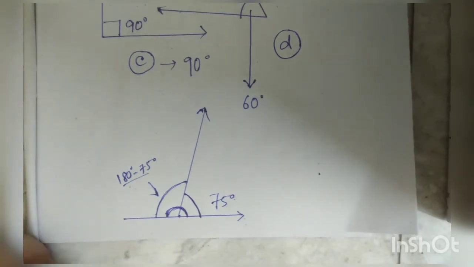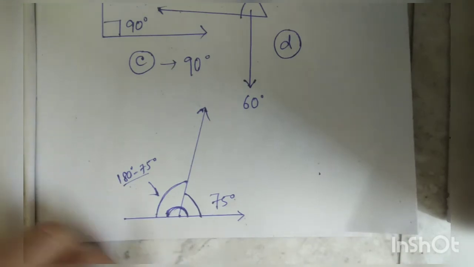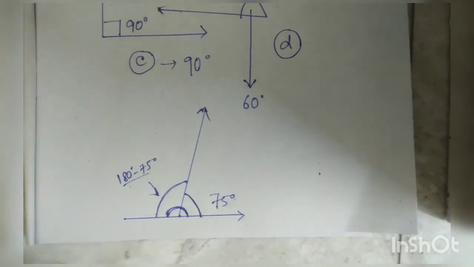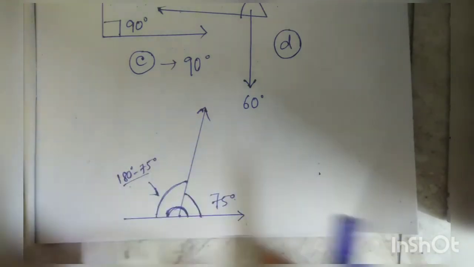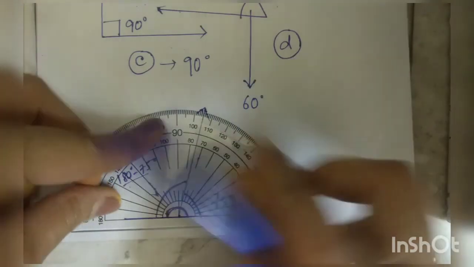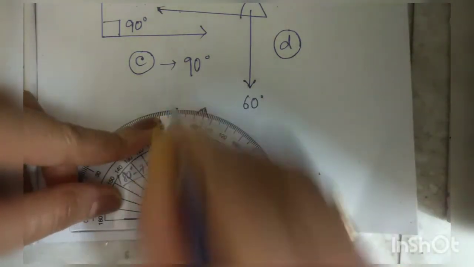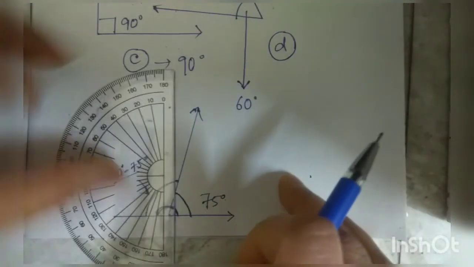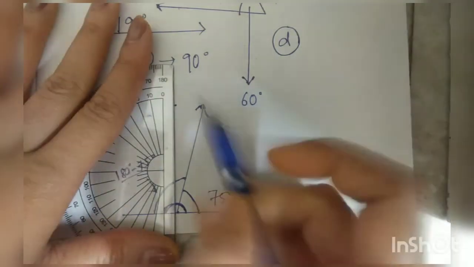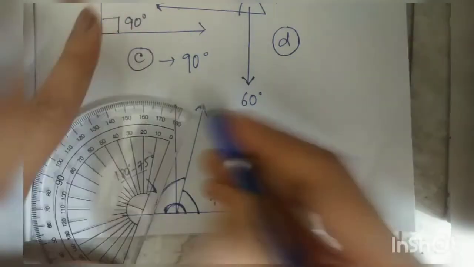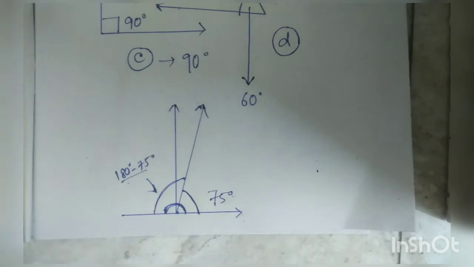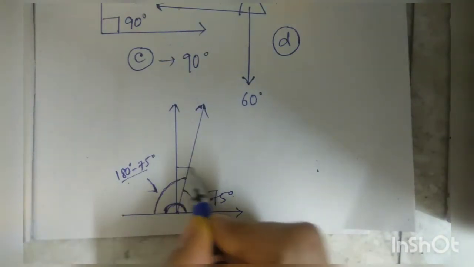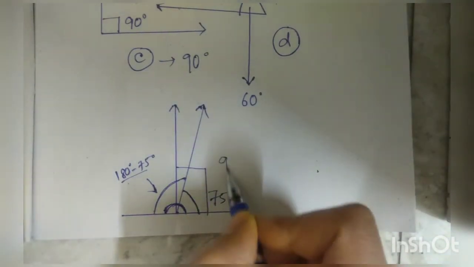Now see, whenever it is exceeding the 90 degree angle, it becomes an obtuse angle, and whenever it is less than 90 degree, it becomes an acute angle. Now 90 degree angle is this one. So if you are confused about which angle we are drawing, whether it is an obtuse angle or an acute angle, simply draw a 90 degree angle.